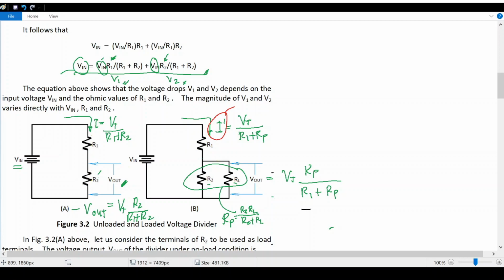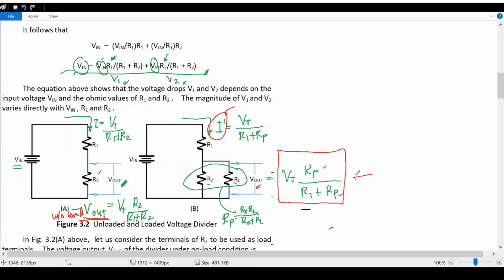This increase in current in the circuit would definitely change the value of the voltage output, and as shown in this formula, there is a change of resistance Rp in the numerator and the resistance in the denominator. That would definitely become less than the V out without load.